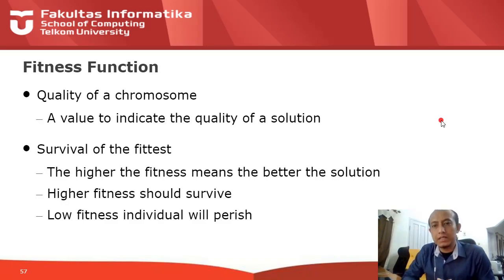Why is this needed? Because a genetic algorithm works using the survival of the fittest principle, meaning that each individual solution is measured by using this fitness function. And solutions with higher fitness will survive, while solutions with lower fitness will perish.